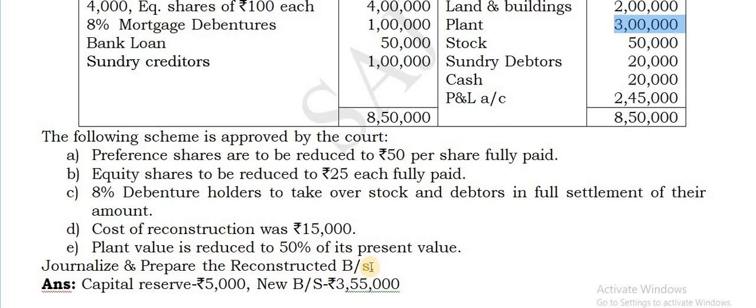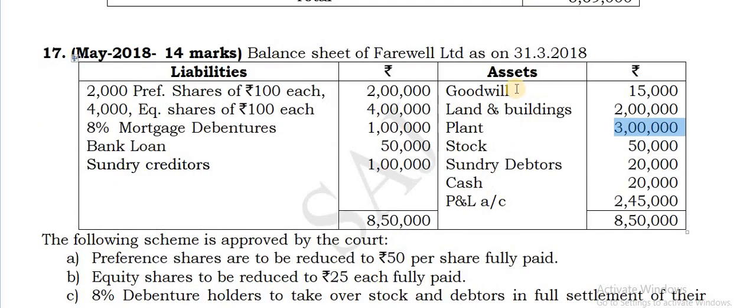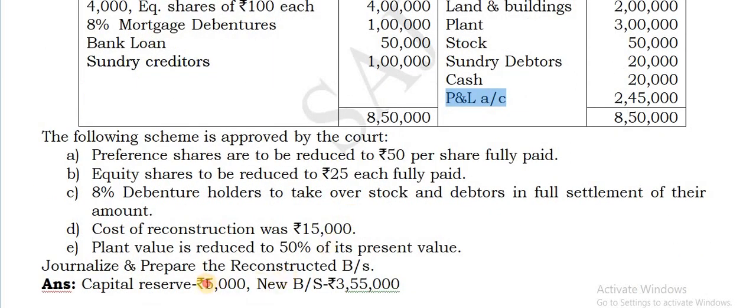Three items will come: goodwill, profit and loss account, and along with that the plant, reduced by 1,50,000. After reducing the three, if there is still a balance, it has to be transferred to the capital reserve account. I have already given the answer: capital reserve 5,000, and the total balance sheet is 3,55,000. That is the answer.